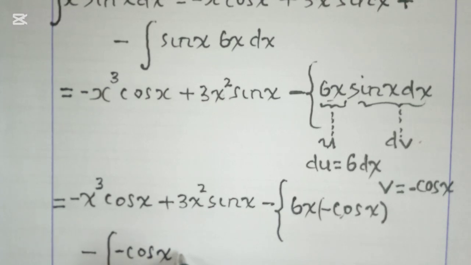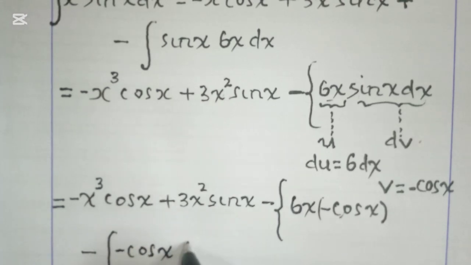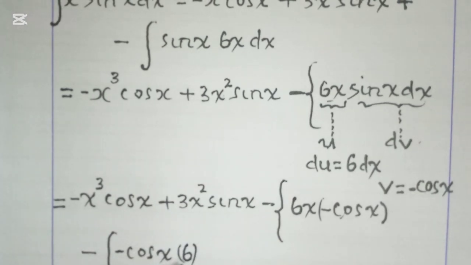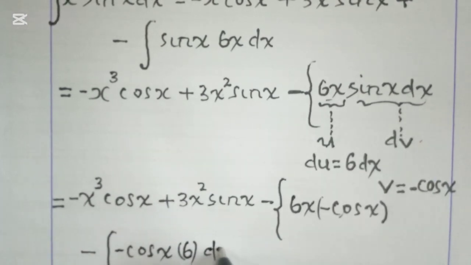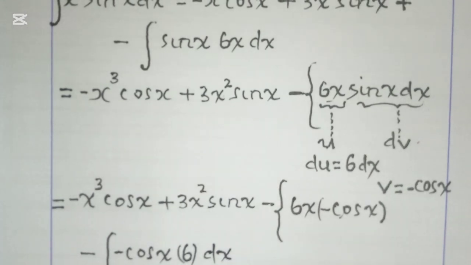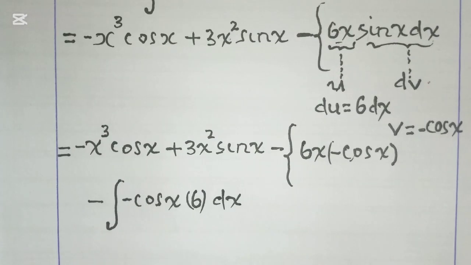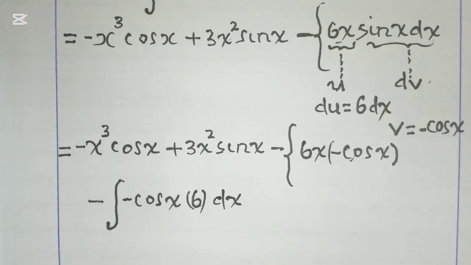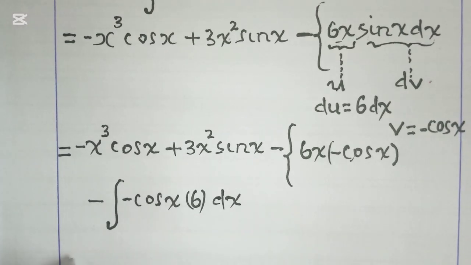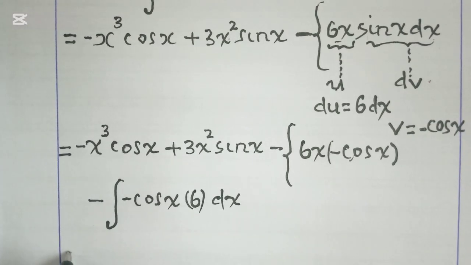Remember that this 6 is alone like that. It's not multiplied by x. Then we have the dx. So with that one, guys, now we come almost to our conclusion. So guys, I can now write the answer, and this is now going to be our answer.